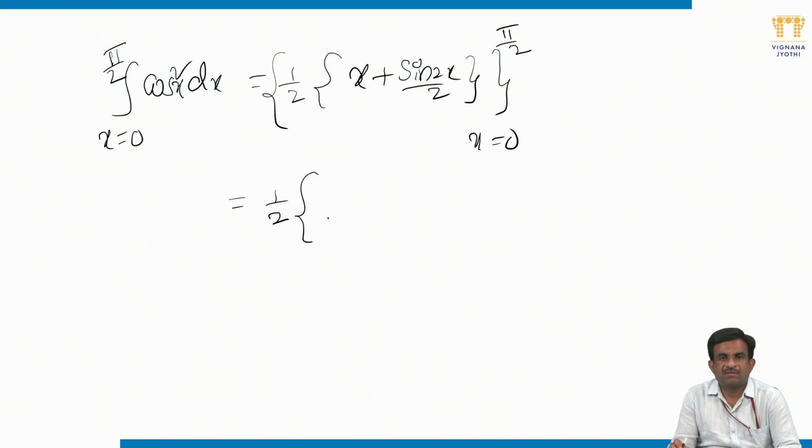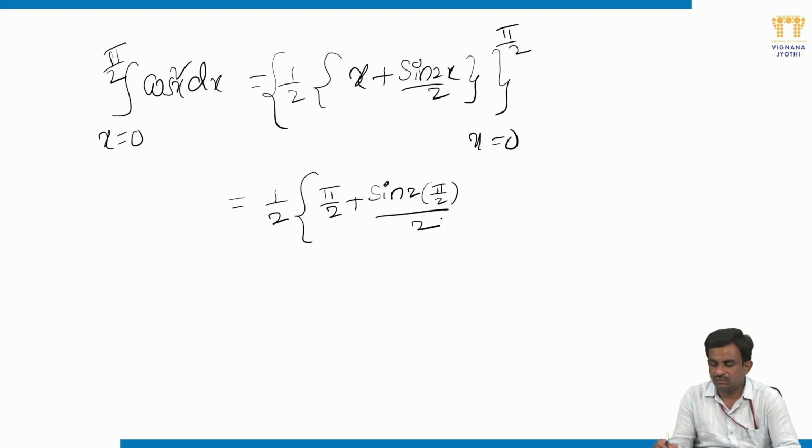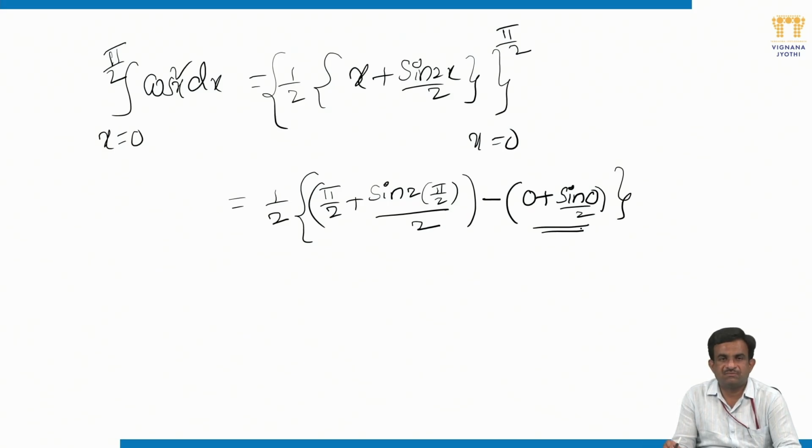Take one bracket, then at the upper limit this becomes pi by 2. Let us use x equal to pi by 2 in this expression: sine 2 into pi by 2 divided by 2. Then minus the lower limit, that is 0 plus sine of 2 into 0, that is 0, divided by 2. Anyway, this complete value becomes 0.